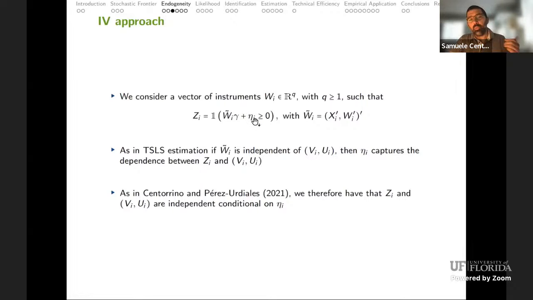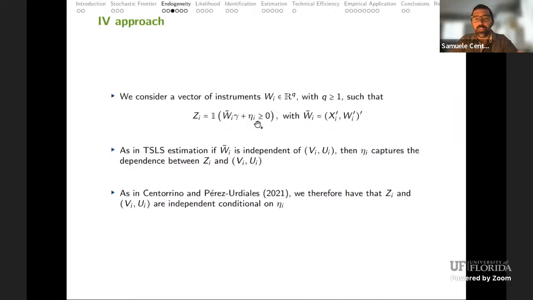Again, imagine this was in a standard assignment framework, where this is a latent equation, latent model, so eta i cannot be observed. In some sense, you can think about this as a standard probit model. In a standard probit model, the first thing that you do is to assume that W tilde is independent of eta, and that already gives you some bite in the identification process. If W tilde i is independent of eta, then all the dependence between the treatment assignment, or the propensity to take the treatment, and the inputs and the error components is actually captured by this term eta.